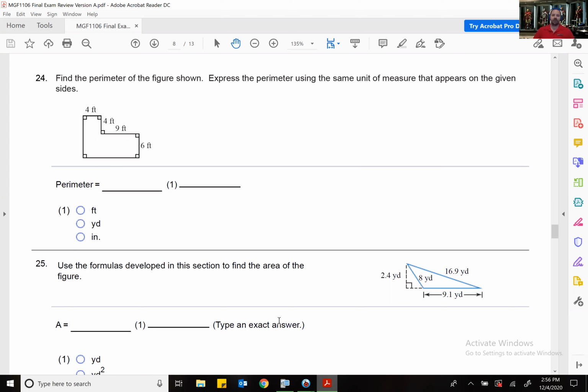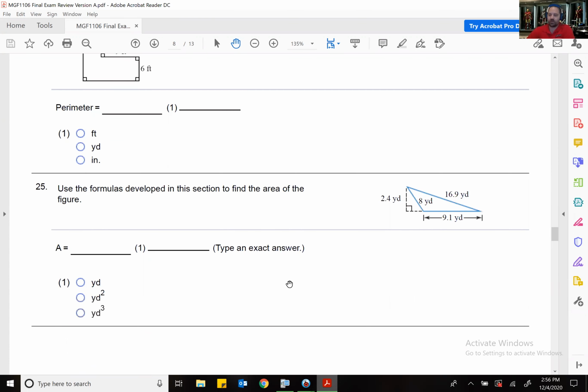Okay. Real quick, we are asked to find the area of this figure, and we know it's a triangle. But what will the label be since we are finding the area? Yards squared. Good. All right, yards squared.